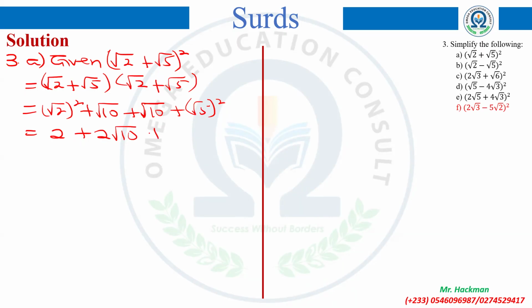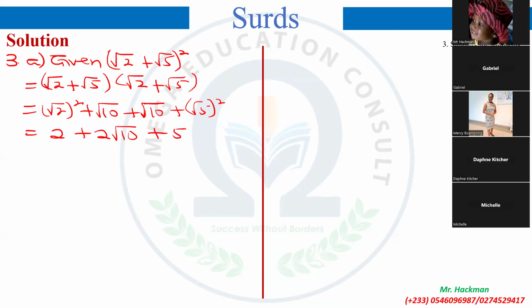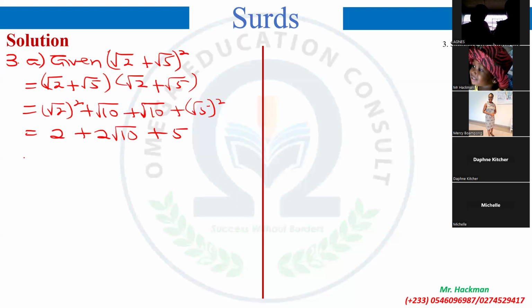Then plus root of 5 squared gives 5. After expansion, we still have like terms, so this and this are also like terms that we can combine. Immediately I combine, I land at my answer. Therefore, root of 2 plus root of 5, all squared, is equal to 2 plus 5, which is 7, plus 2 roots of 10.